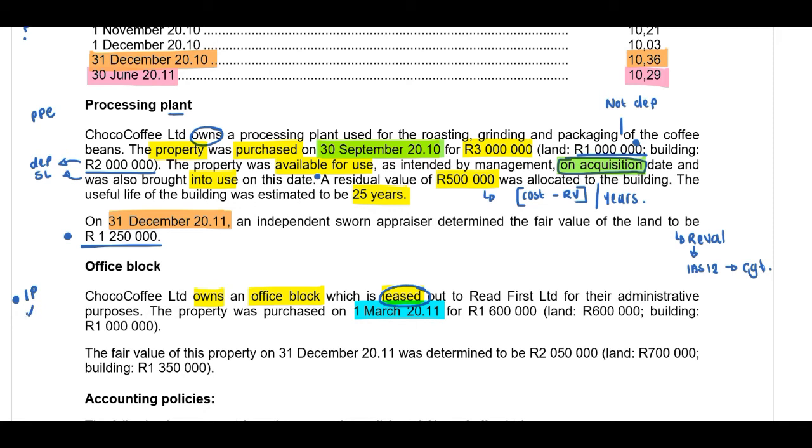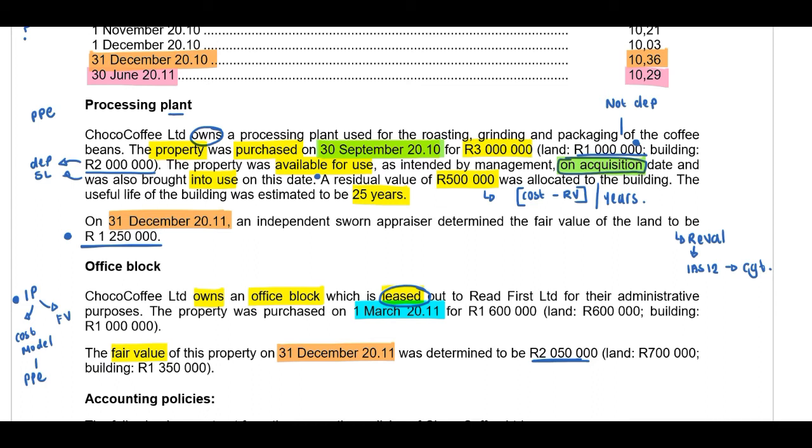Remember, investment property can either be based on our cost model, and then we will follow our PPE rules, or this can be based on our fair value model, and then we need to follow our investment property rules. They indicate to us the fair value of the property on 31 December 20.11 was determined to be 2,050,000, land 700,000, and a building 1.3 million.